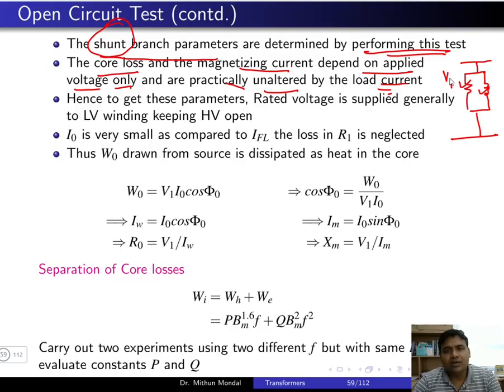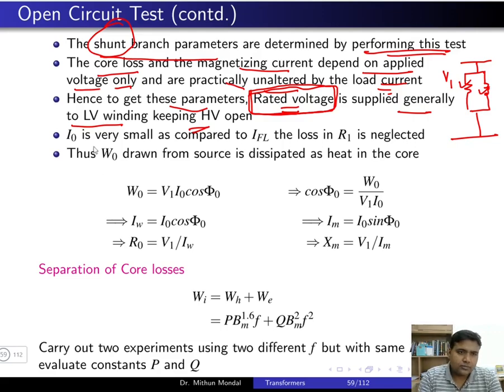It remains unaltered. Hence, to get these parameters, rated voltage is generally supplied to the low voltage winding, keeping the high voltage side open. One important point here is rated voltage. The open circuit test is always performed under the rated voltage condition, so we need to take only one reading, under rated voltage.